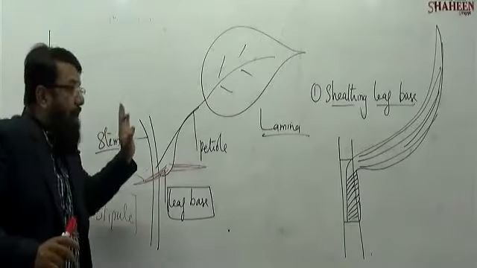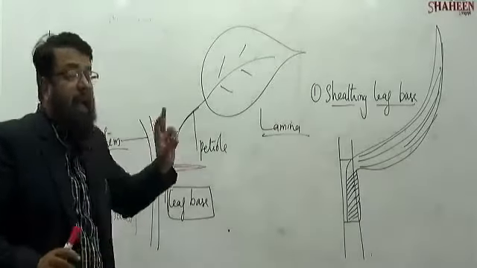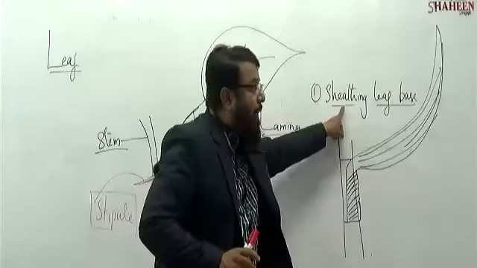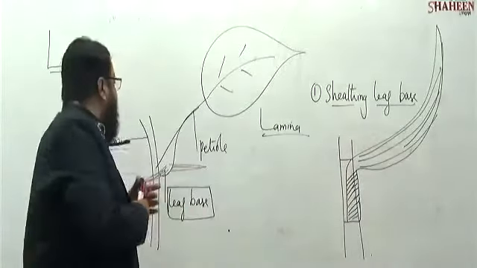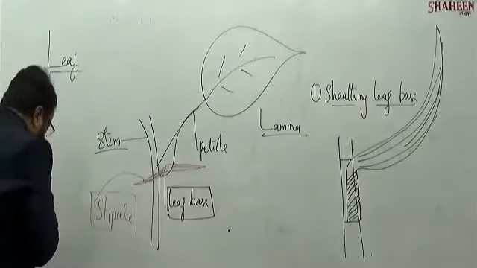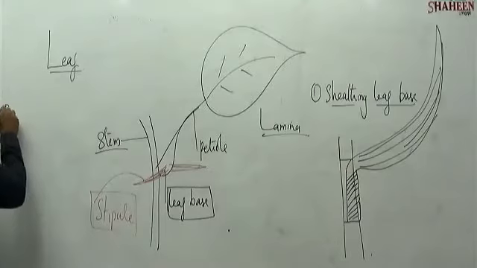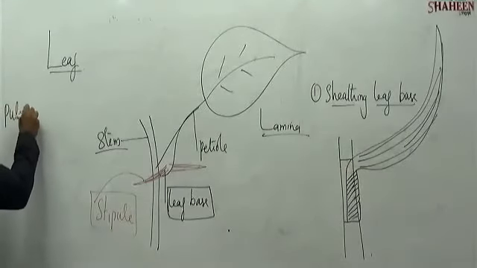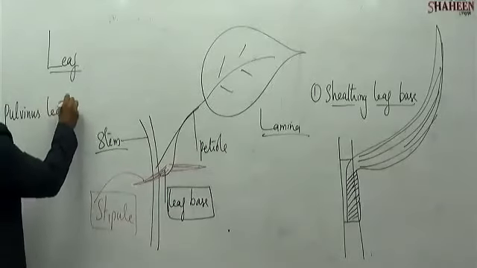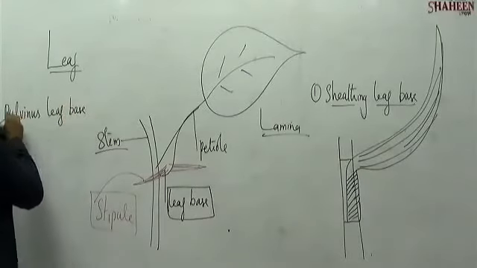So how many types of leaf bases are there? Two types of leaf bases are there. One leaf base we have completed, that is the sheathing leaf base. Another type of leaf base is the pulvinous leaf base. Remember, this is for 2 marks.